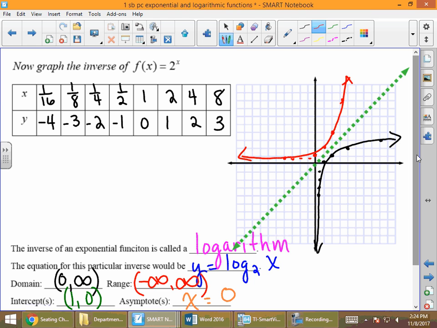And as you draw this in, if we fold this graph along that green line, will the black graph land on the red graph? And sure enough it will, which is one of the ways that we can at least visually check to see that these are inverses.